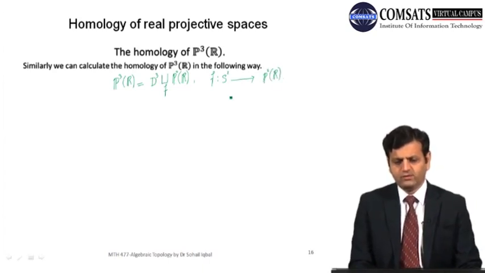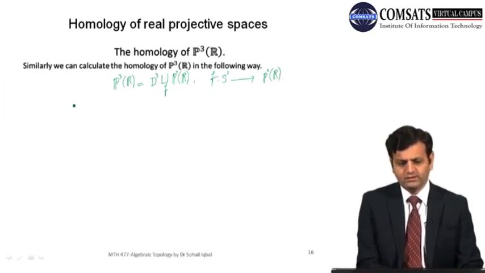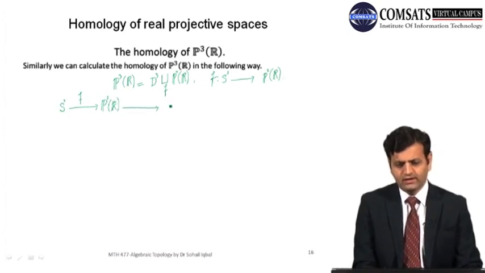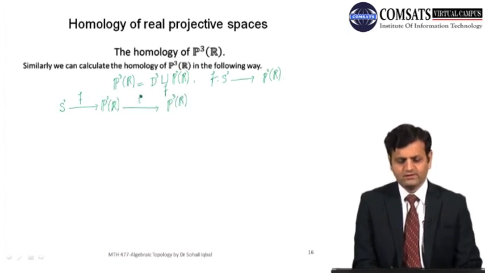To calculate the homology, we don't need to know this function f. The only thing we need to know is we have a continuous function from S2 to P2R, and using this we can attach D3 with P2R, and we will obtain P3R. And there is an inclusion in this case.